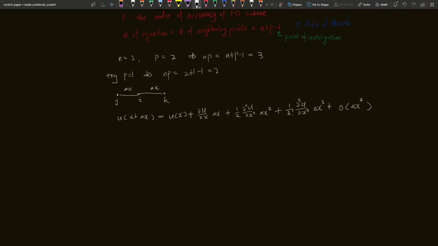Why we extend so many terms in the Taylor series expansion for a low-order FD scheme is special here. I'm going to explain it later on.